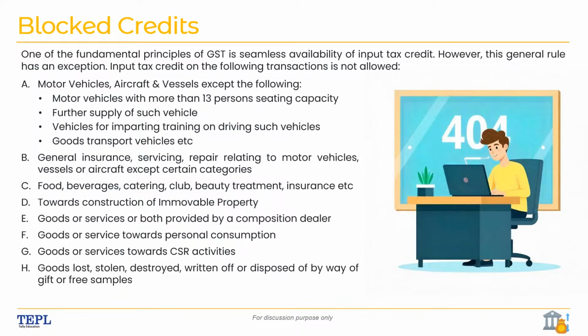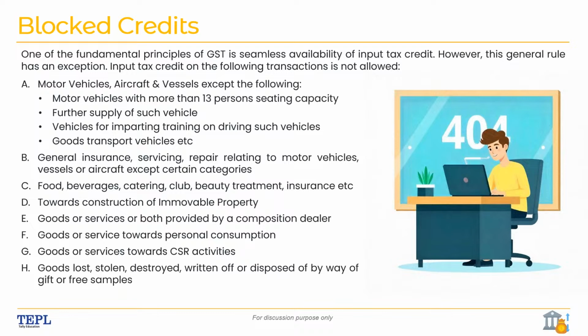Then repairs and maintenance costs that you incur on those motor vehicles, aircrafts, etc. Food, beverages, catering, beauty treatments, construction of immovable property, services received from a composition dealer, services or goods that are purchased for personal consumption of the owner, or goods or services which are obtained for CSR activities.